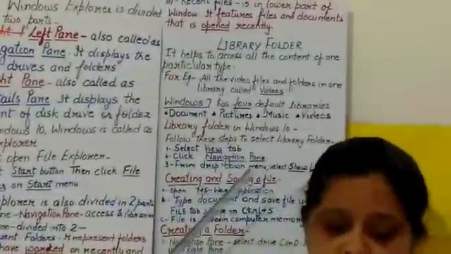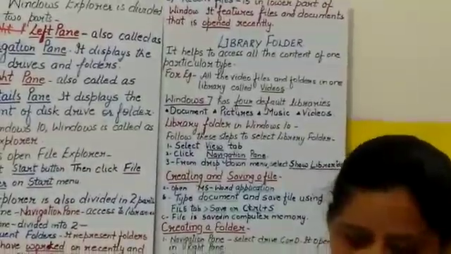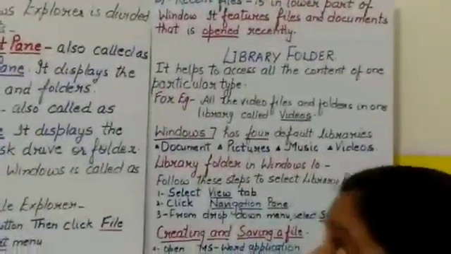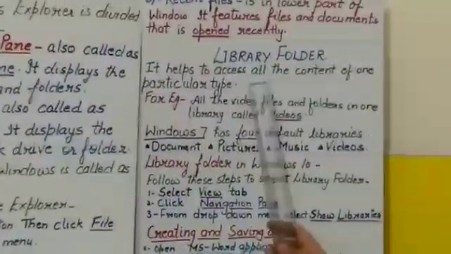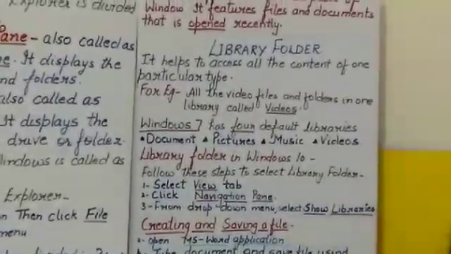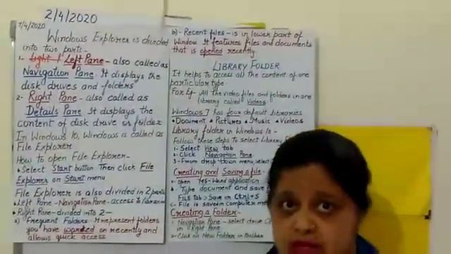Now coming to the library folder. The library folder, as I told you, is basically a folder which contains all kinds of files and folders. It helps to access all the content of one particular type. Suppose you have music. Whatever music files and folders are there, they all will be in one particular library.